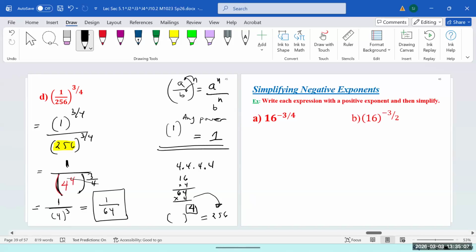Now we are going to do the same thing, but this time we have a negative power. And remember, a negative power makes the entire thing a fraction. So if we have x to the negative power n, it becomes a fraction, 1 over x to the positive n. So negative turns the entire number into a fraction, while the radical turns only the power into a fraction.